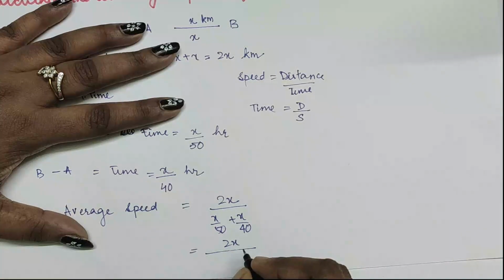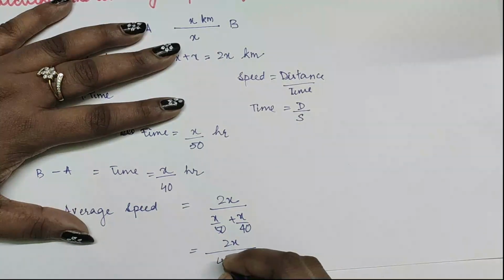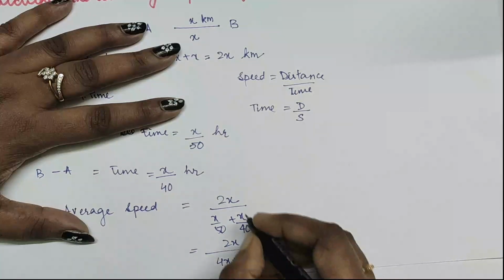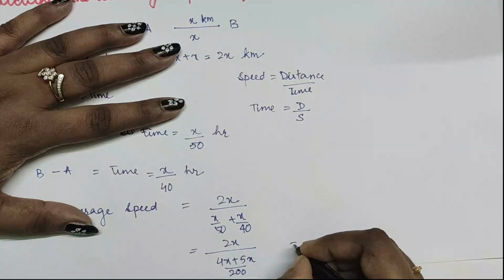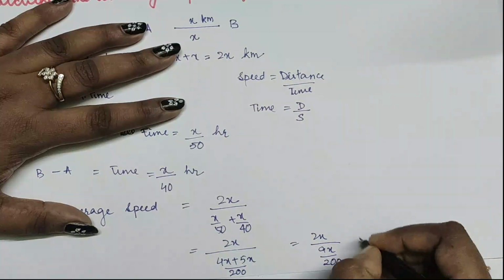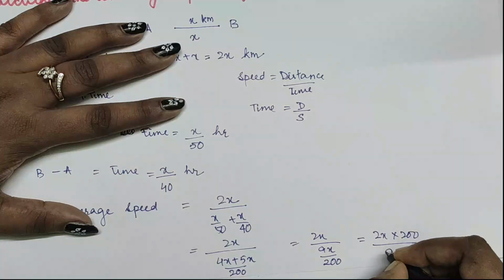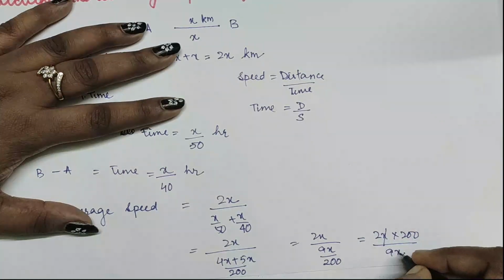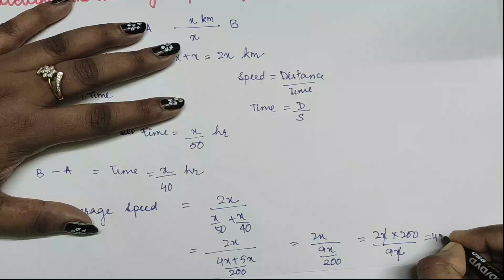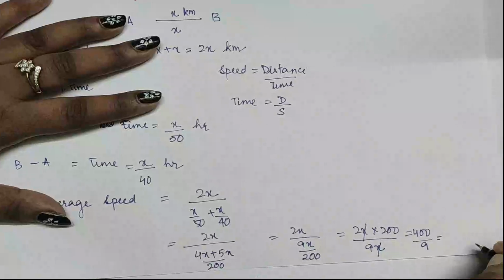Here the LCM of 50 and 40 will be 200. So 4x plus 5x, so 9x by 200. I get 2x by 9x by 200. So you take the reciprocal of this, and the 200 comes up, divided by 9x. x and x cancel. I'm left with 400 by 9, which I divide to calculate the average speed.